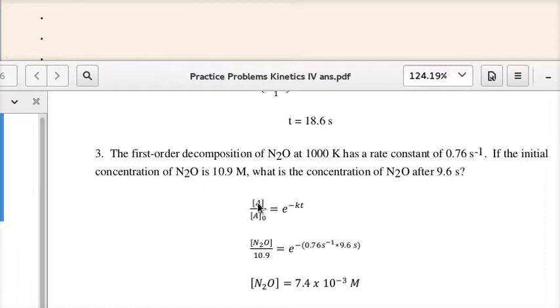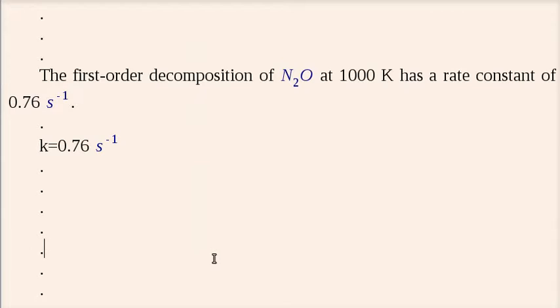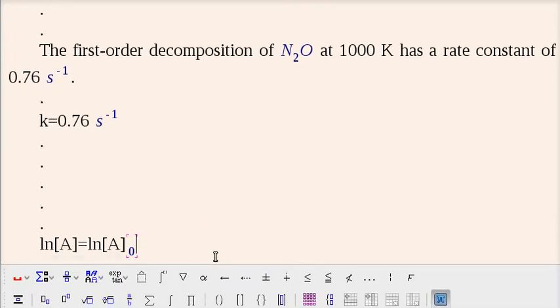So using this equation, you plug in what you know and what you don't know. The algebra, the way she shows it, is quite straightforward, but let's say you know the other integrated rate law, which would be ln of A equals ln of A naught minus kt.